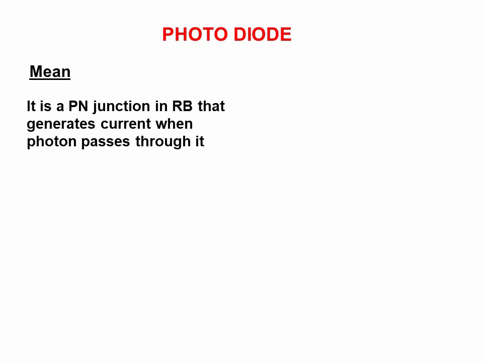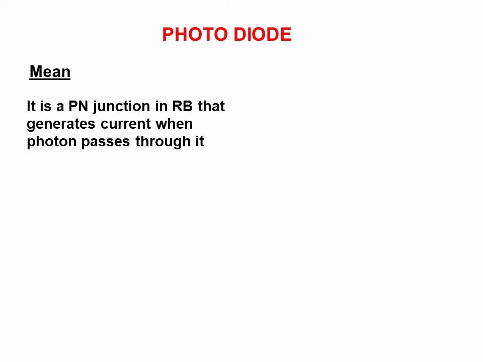Let us study the other optoelectronic device, that is the photodiode. What is a photodiode? It is also a p-n junction diode, but in reverse bias. Mind it, in the LED it should be connected in forward bias. A photodiode is a p-n junction in reverse bias that generates current when photons pass through it.